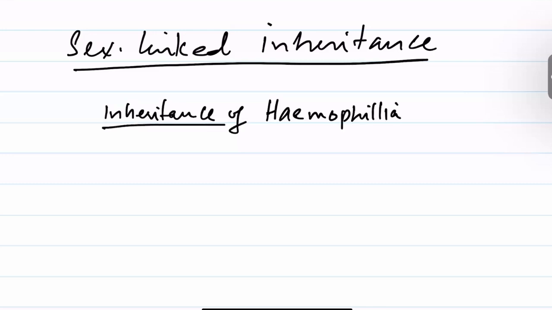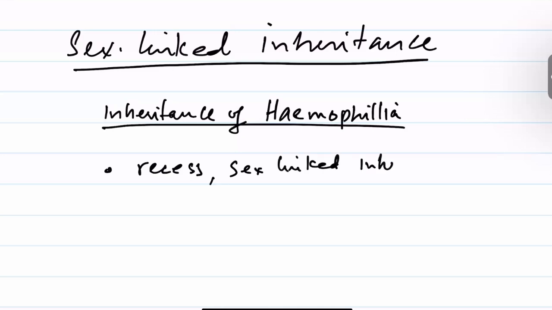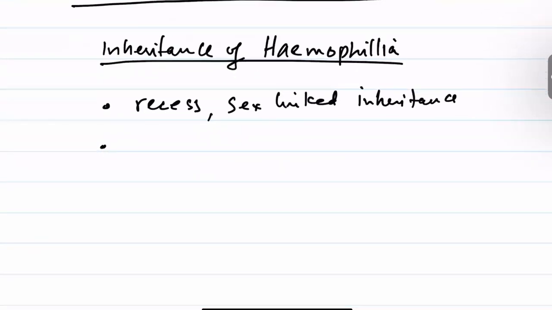Hemophilia is due to a recessive sex-linked inheritance. The alleles are found on the X chromosome.